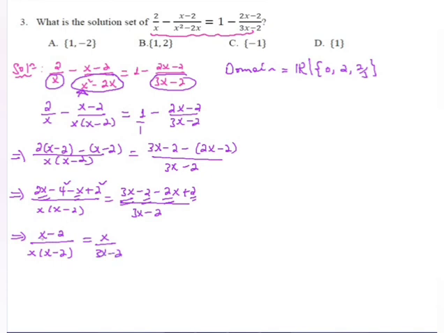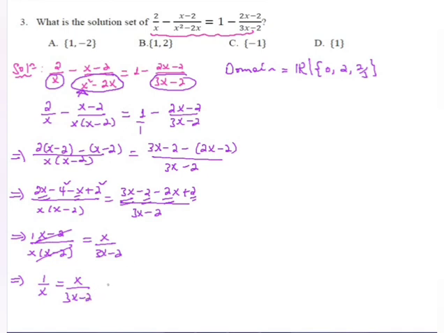Now here this x minus 2 can be cancelled out, then in the denominator it remains 1. So this is the same as 1 over x is equal to x over 3x minus 2.